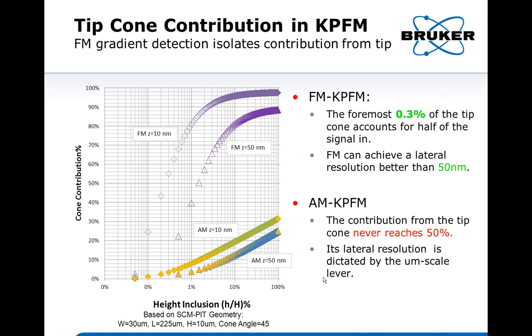So what does this tell us? This tells us for AM, the dominating signal is from the cantilever. And the cantilever, we know the width is usually a few micrometers. For example, here with the STM-PIT tip, which is a typical KPFM probe, the width is 30 micrometers and the cantilever length is 225 micrometers, so it's huge.